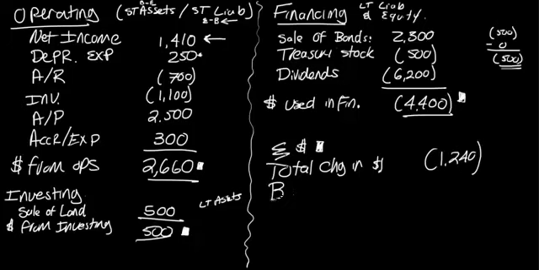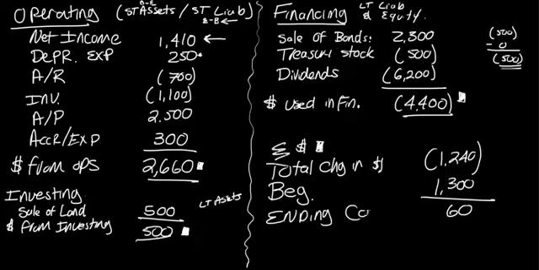My beginning cash from my balance sheet was 1,300. And if I add those two together, I think I get $60. And that should equal my ending cash. And it does. And so my statement of cash flows, indirect method, all balances. All right? So that is the statement of cash flows for Slip-On Sandals, the indirect method.